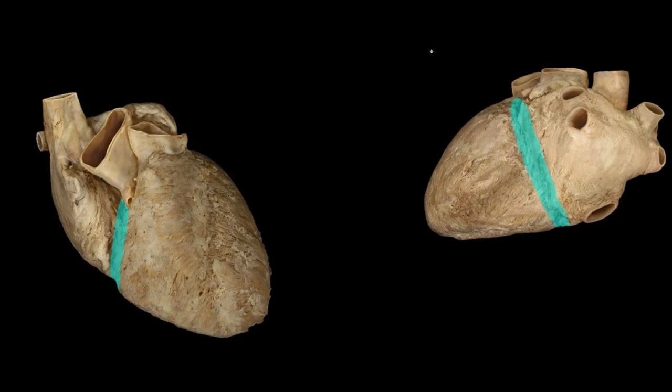Next, you can see this structure from the external view of the heart. This is an anterior view of the heart, and this one is the posterior view of the heart.